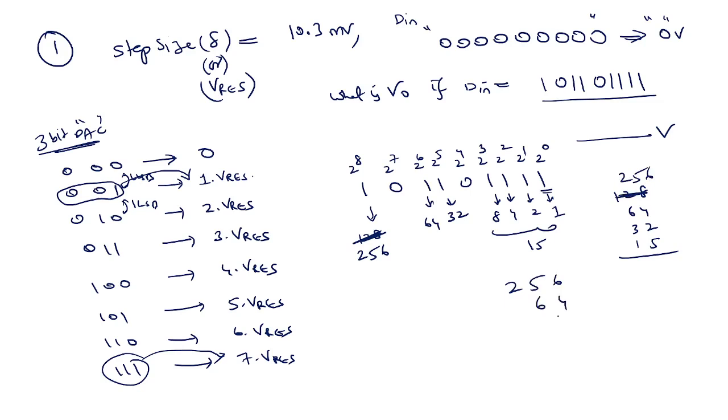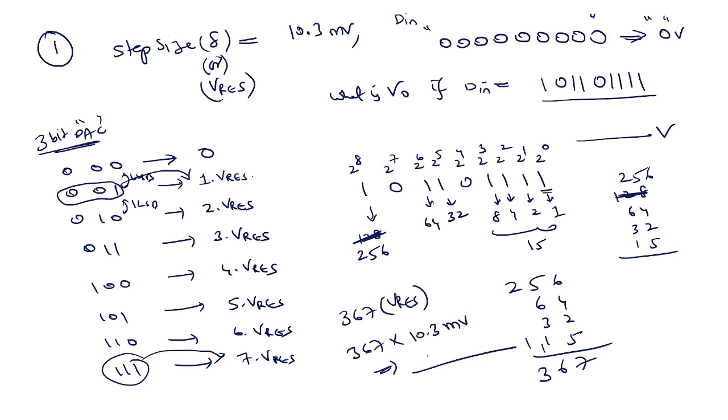256, 64, 32, 15. 6 plus 4, 10. 10 plus 17, 11, 14, 16. 367. 367 into V resolution, right? 367 into 10.3 millivolt. How much is this?